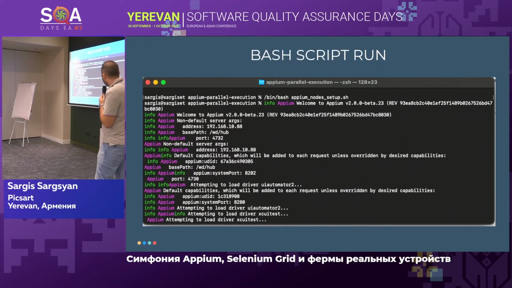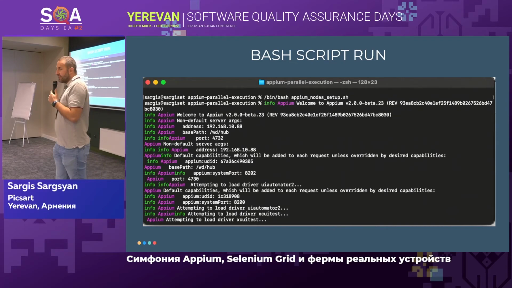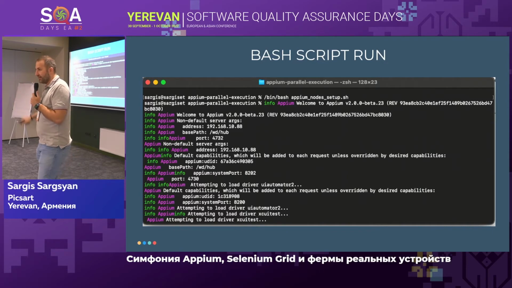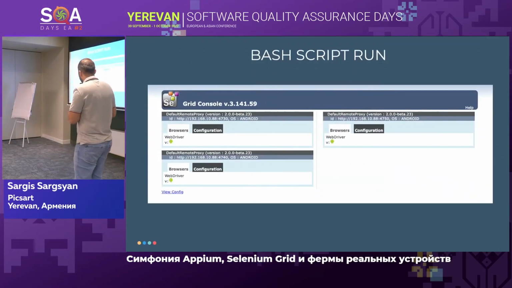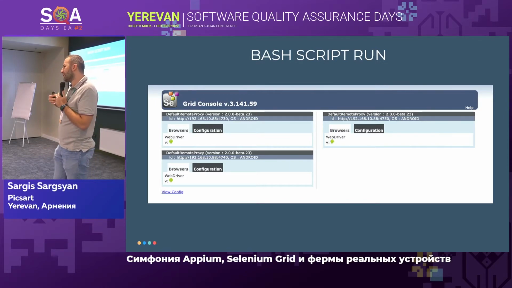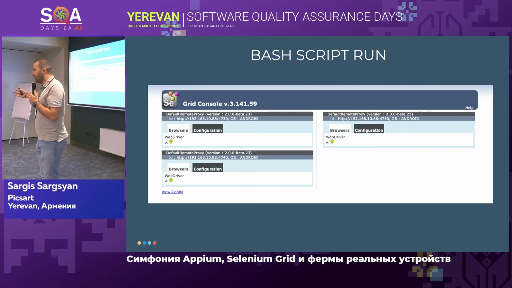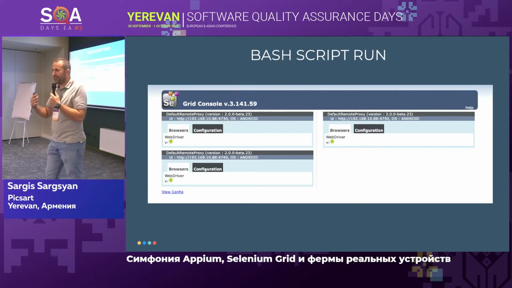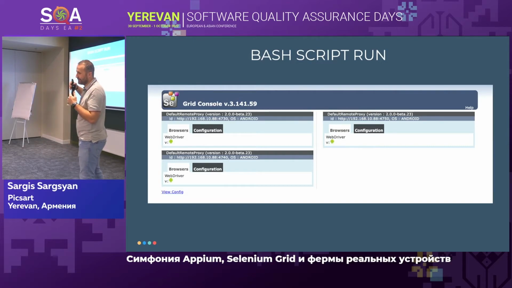So when I run the script, it instantly runs 3 Appium servers, registering these 3 Appium servers in the Selenium grid, and in the end we have the grid with the 3 nodes. I mean, all this long story that I was telling you is done by one script. I just wanted to make sure that every single line of the script that we are using is clear for you guys.